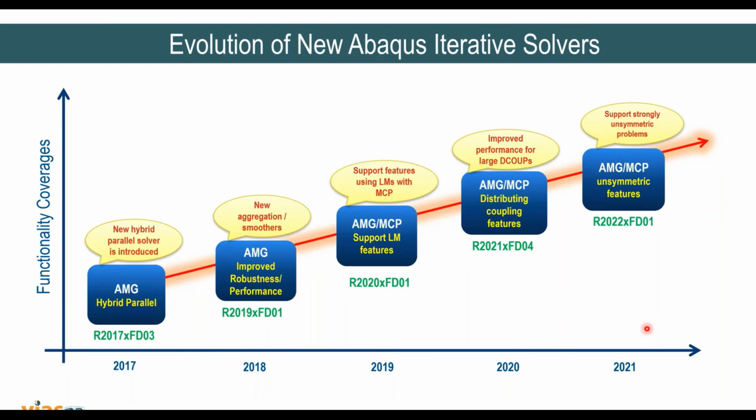And then we also improved the performance for large models for distributed coupling, which was not supported earlier. We included that. And now in this 2022 version, we support unsymmetric problems. So problems wherein you have contacts and high friction values, which make your system unsymmetric. And these are the use cases wherein you can still use our iterative solver and make your run much faster compared to your direct solver.